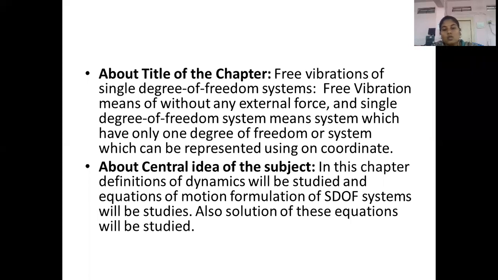Also, the solutions of these equations will be studied. बघा यामध्ये whatever the definitions of basics of dynamics, the equations and their solutions, all of that is included in this unit number 2.